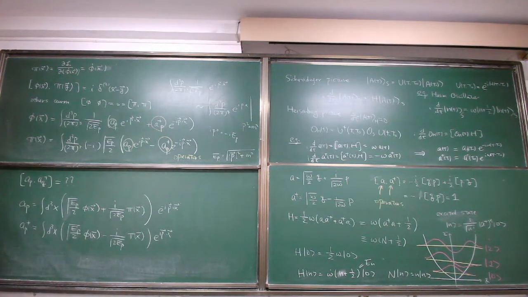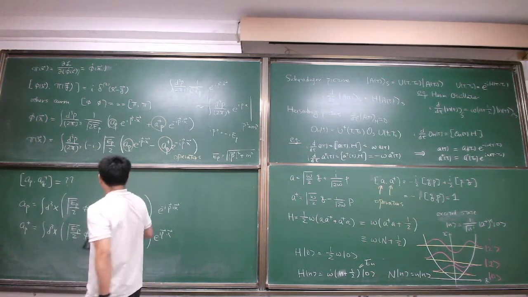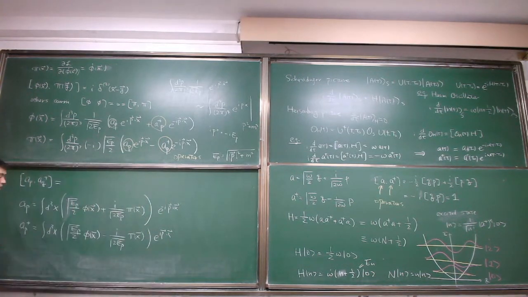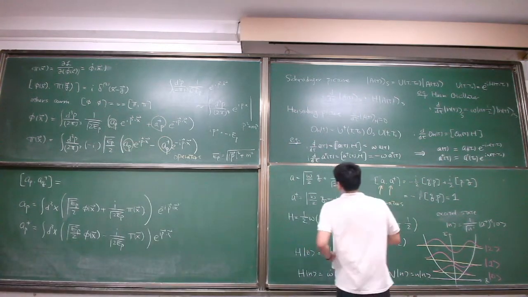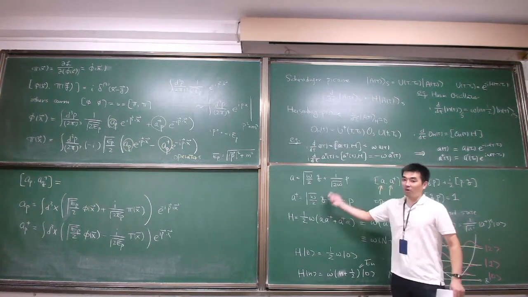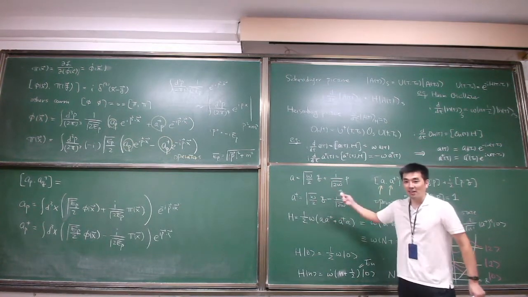Let's impose the equation of motion here. So this is a and a dagger, and we just need to look at the canonical quantization of this, which is super easy. As we saw last time, only the cross terms are important.